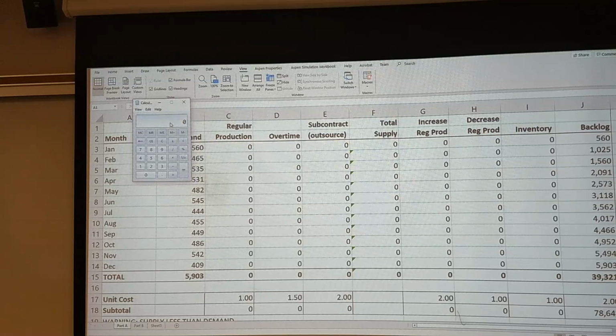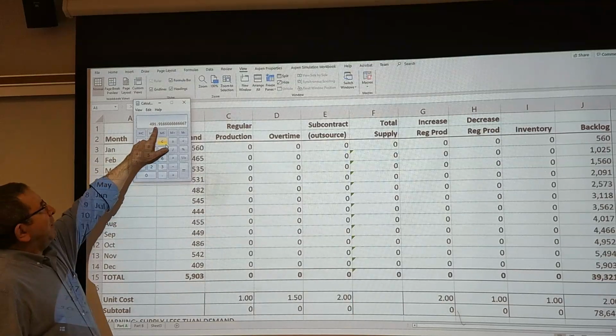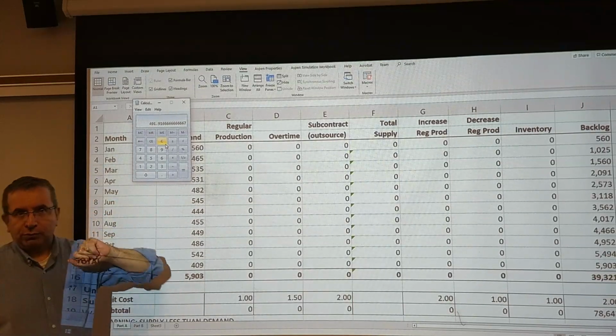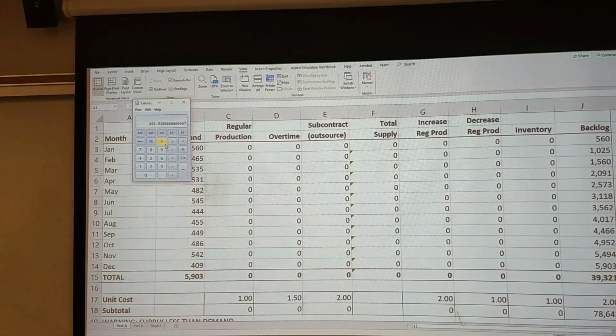So, calculator. 5,903 divided by 12. It says 492 items every month. Okay, so let's do that.